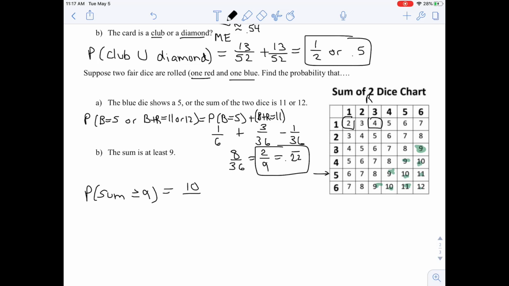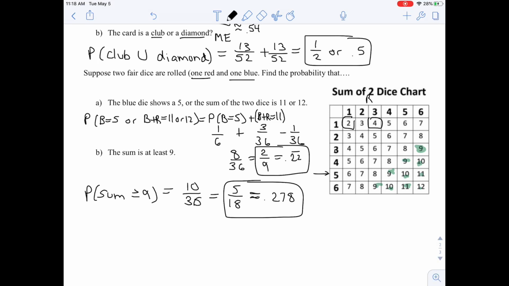So 10 out of 36, or 5 out of 18. 36, not 35, sorry. Which is 0.278. Again, that's about, not exact.